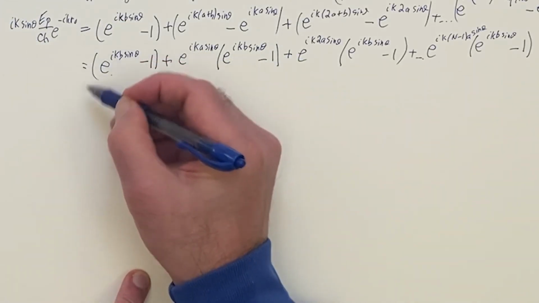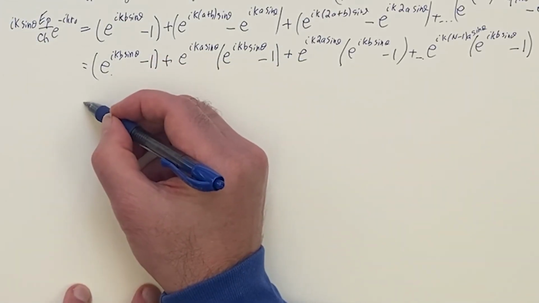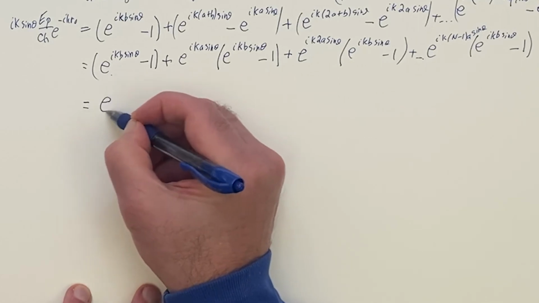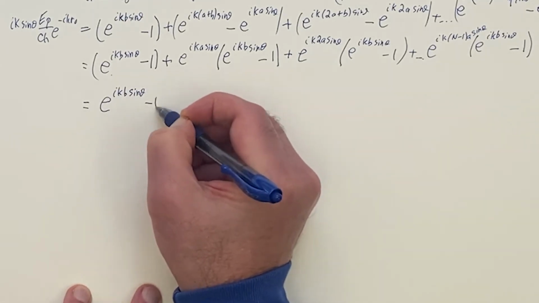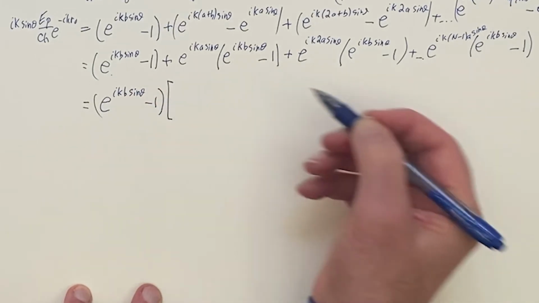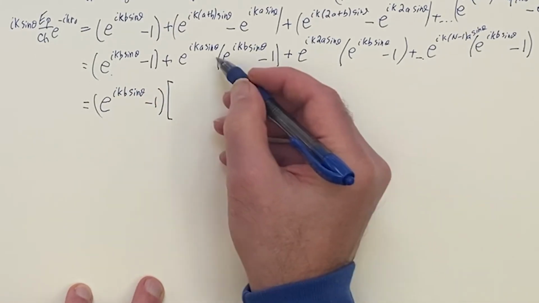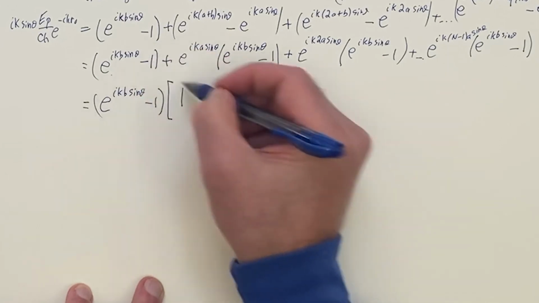So we're going to factor that out. If we factor that out, e to the ikb sine theta minus 1, pull that out of all of them, then you're going to have here 1 for the first one.